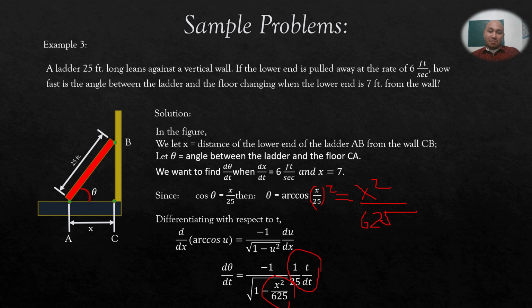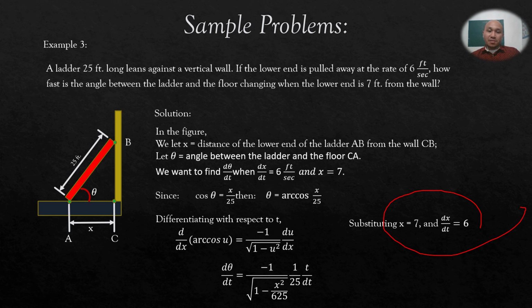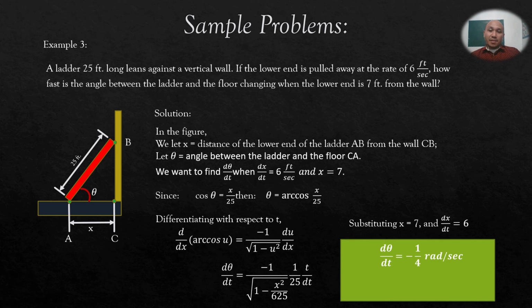So this is in terms of time. Then substituting x equals 7 and dx over dt equals 6, d theta over d time is equal to negative 1/4 radians per second. The minus sign indicates that theta is decreasing.